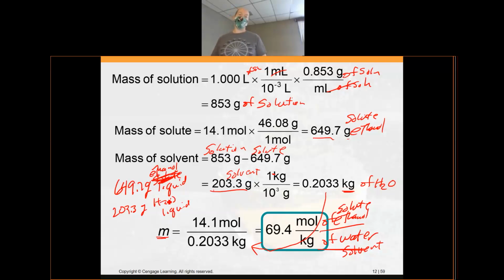All right. Sometimes we throw out the rules when it comes to water. Water is the universal solvent. We'll always call it the solvent. The rule is when you have two liquids, the one that has a higher amount, this one should have been called our solvent, and the water should have been called our solute. Again, water is the exception to this. Water is the universal solvent, so they always talk about water as the solvent.